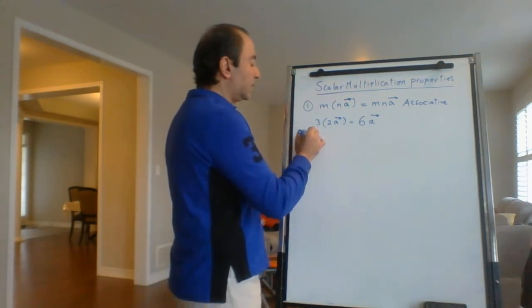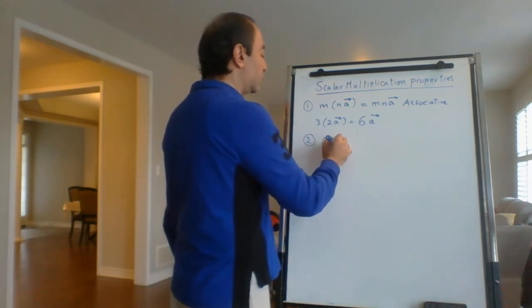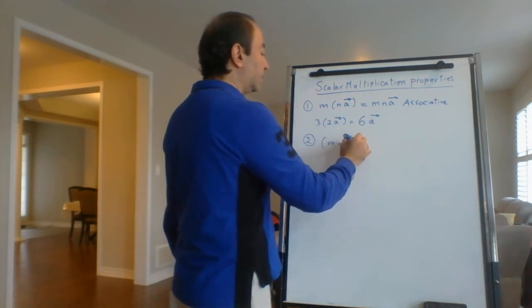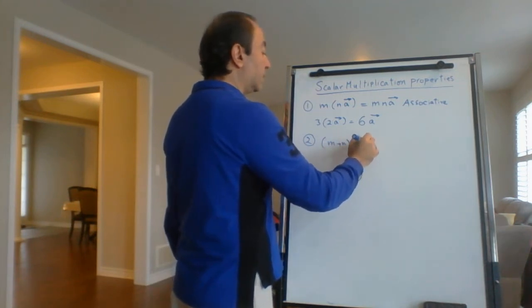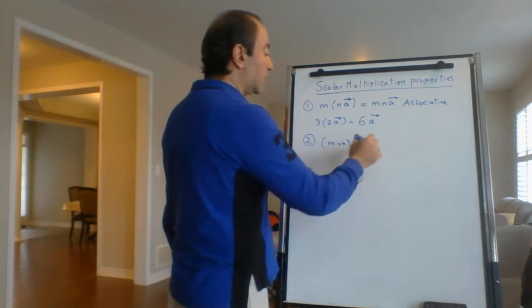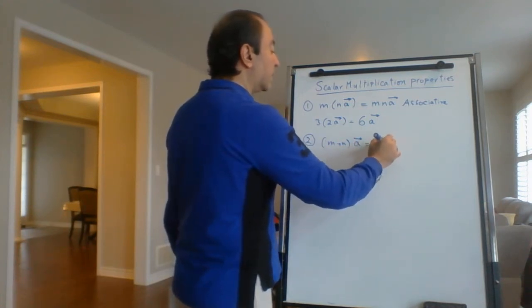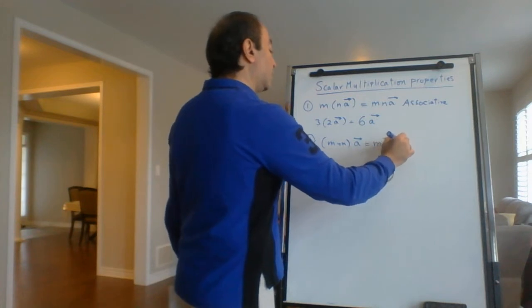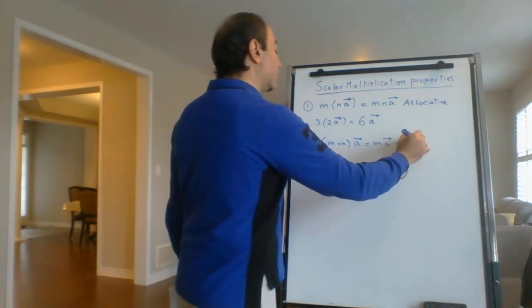The second property: if I have two scalars added together and the result is multiplied by a, I can distribute vector a with the two scalars, so it can be m times vector a plus n times vector a.